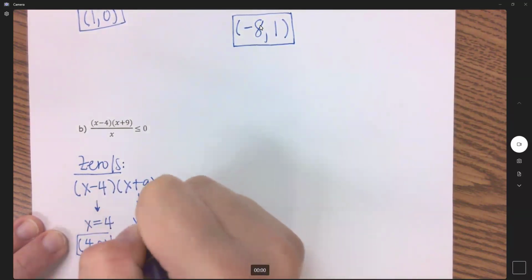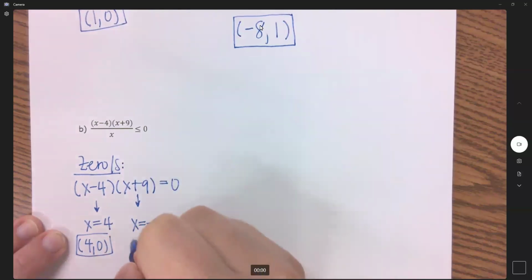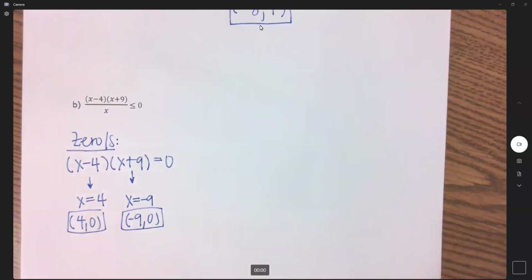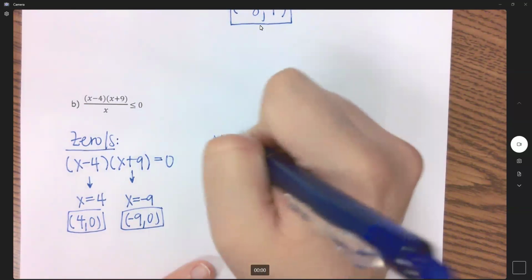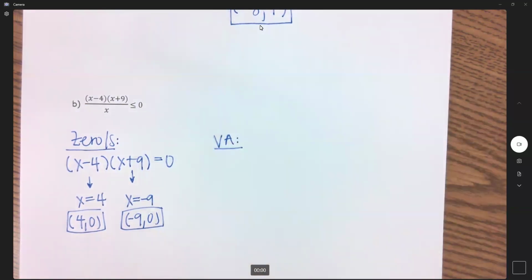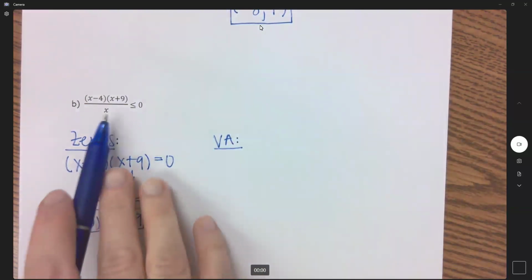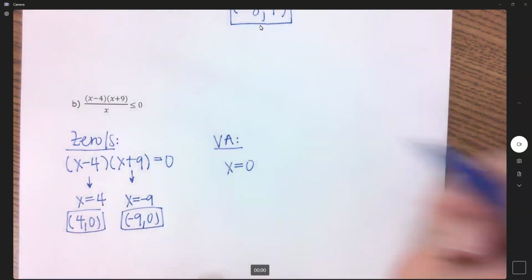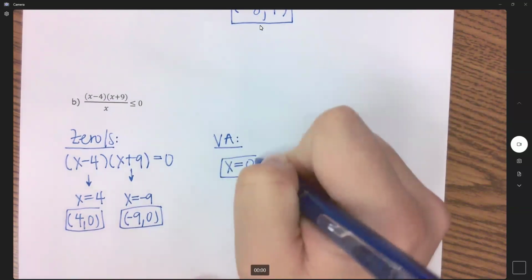And then we get x equals -9, which is an x-intercept at (-9, 0). Then I'll find my vertical asymptote. And we do that by taking the denominator and setting it equal to 0. And that one is done.